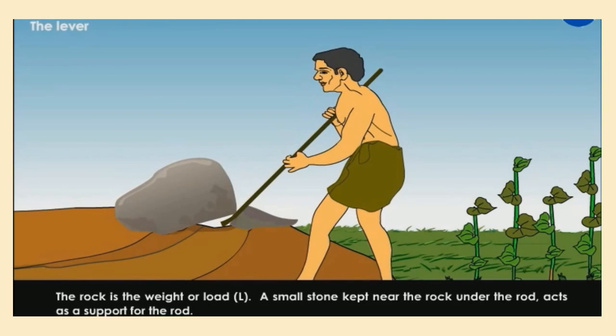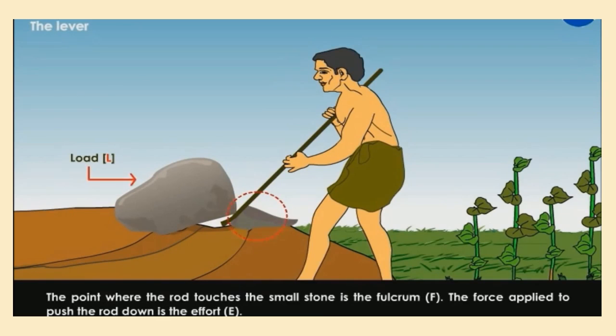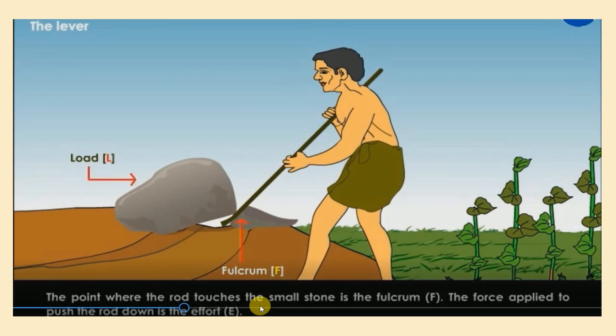The rock is the weight or load L. A small stone kept near the rock under the rod acts as a support for the rod. The point where the rod touches the small stone is the fulcrum F. The force applied to push the rod down is the effort E.